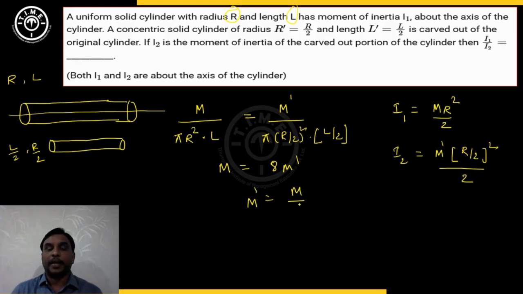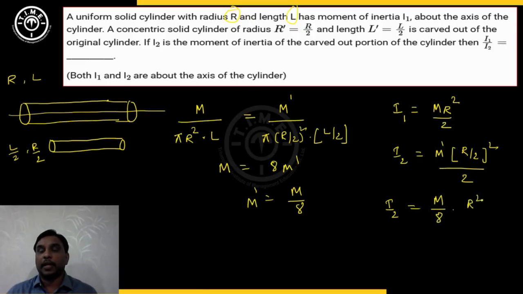Now substitute the value here. I2 is equal to M by 8 times R square by 4, times 1 by 2, 4 into 2 is 8. So how much will you get here? MR square by 64. What was asked? I1 by I2.